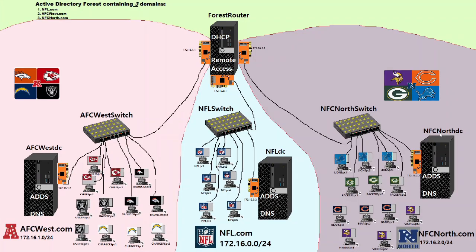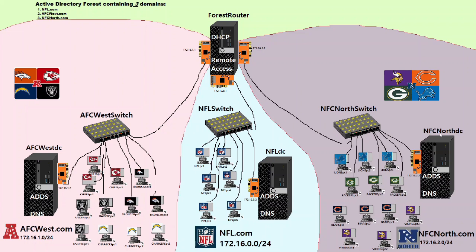In which case, here it is. This is the full overview, the granddaddy of them all diagrams. This is going to help explain our project here. As you can see, we have 3 domains. At the top is the forest router. We're basically using a Windows server and just making it a router.